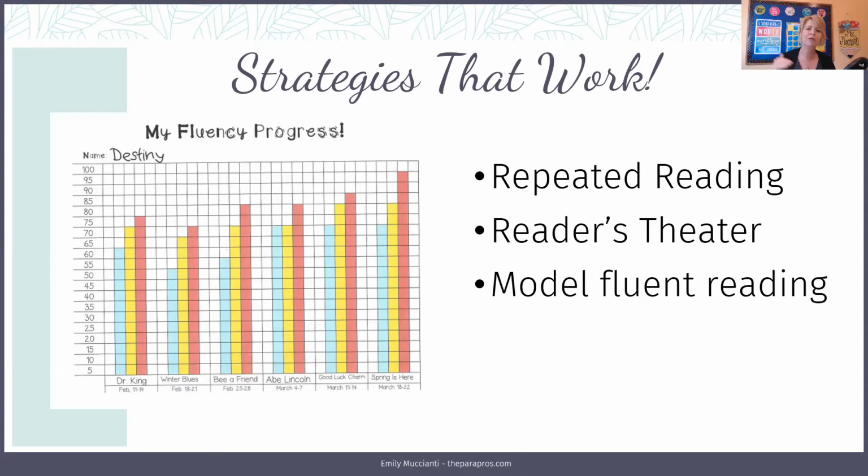And if we do that over time, those skills that we are working on, those words that we are reading are doing something called orthographically mapping in their brain so that there's less cognitive energy needed to decode them the next time. And then we see it transfer into other areas, other texts that they're reading. Fantastic, super great way to build fluency.